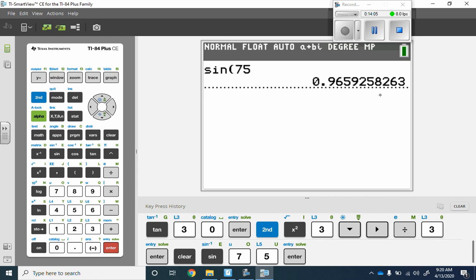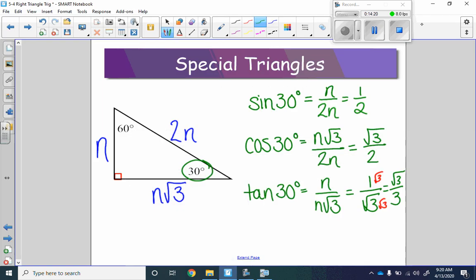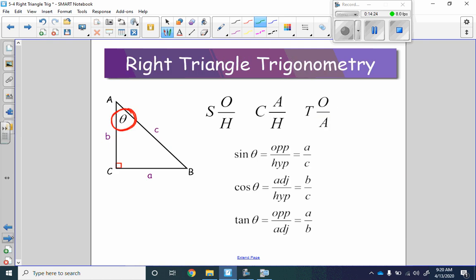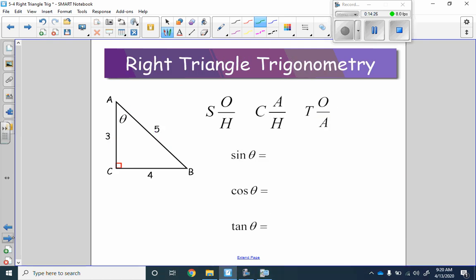It would be 75, 15, and 90 degrees, and the ratio between its opposite side and its hypotenuse would be this decimal. That's where we have to use our calculators to do much of it. Just a quick little tidbit here.